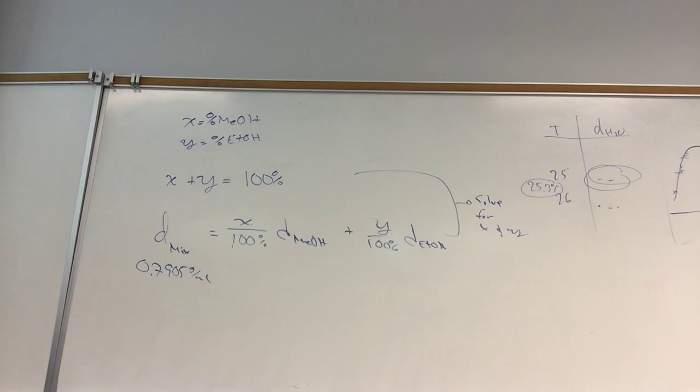B, at what temperature does water have a density of 0.99860 grams per cubic centimeter? So we plug in 0.99860 and hope the temperature is between 0 and 20. If it's between 0 and 20, this equation is valid. And so we plug this in here and then solve for T. How do you solve for T? It's a second order equation.